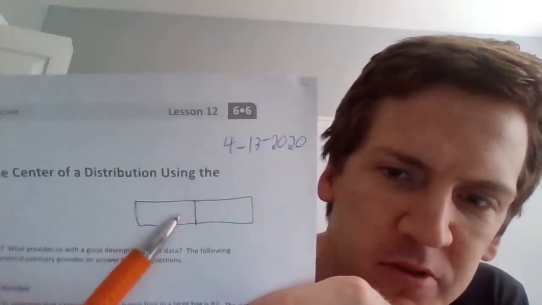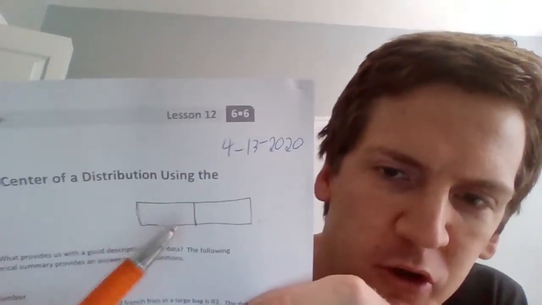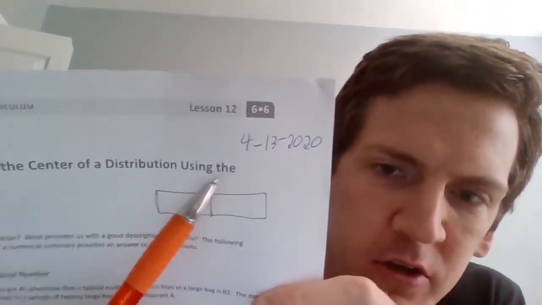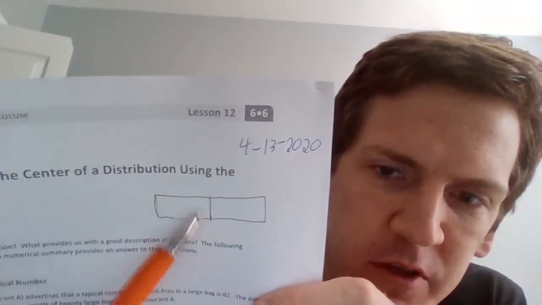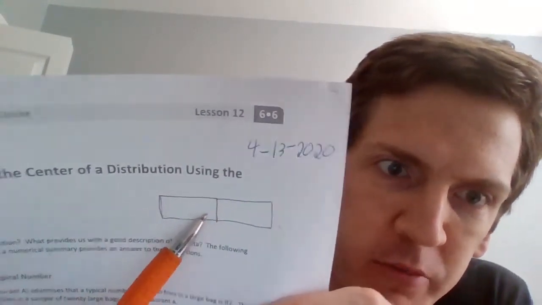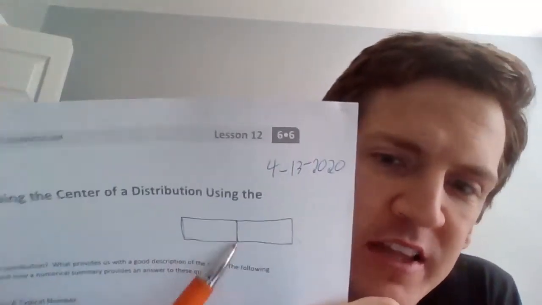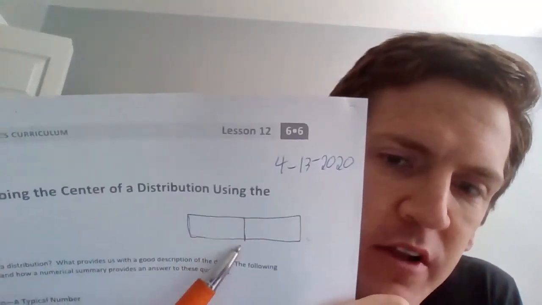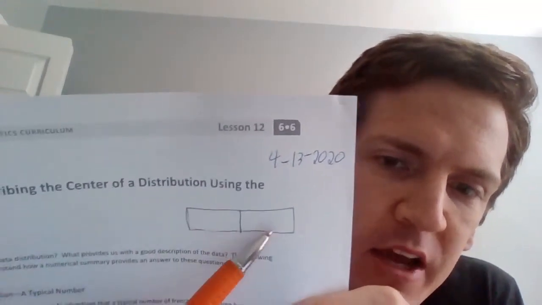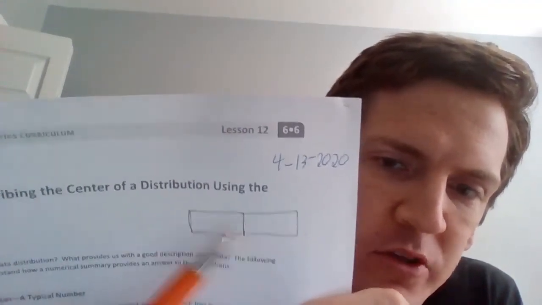So for instance, here's a diagram right here. This represents 1/2. If I filled in one of them, it'd be 1/2. Well, you could consider this to be what you would call the middle, the median. Not exactly, but you get the idea. Here's the middle of the diagram, and clearly half of it is on one side and half of it's on the other side. That's what they're getting at when they're talking about median.